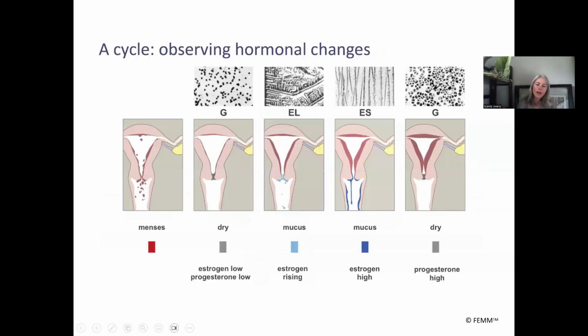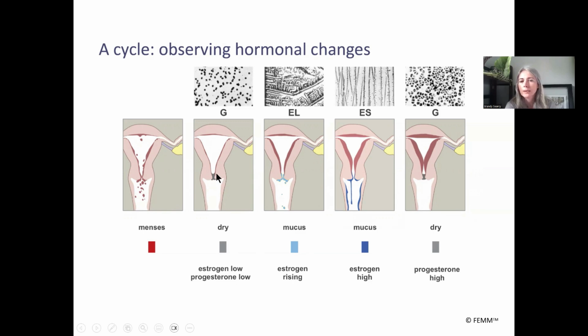Now, this is another visual to help you visualize this. So you have menses. Then if you have any dry days after menses, between menses and your point of change, this is where that pre-ovulatory G-type mucus would be something that you may observe.